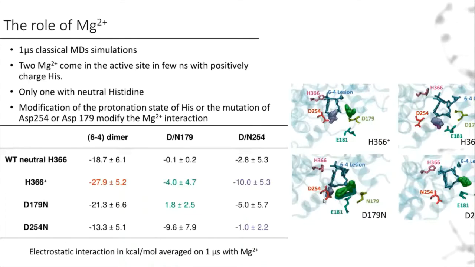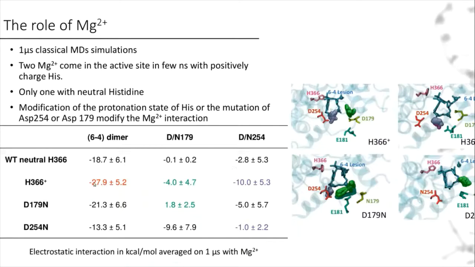For example, if we mutate this aspartate, there are really no more cations here. The cations are close to the damage, and they can interact with the damaged lesion and facilitate the electron transfer by putting a positive charge close to the damage, which will be negatively charged after the electron transfer.